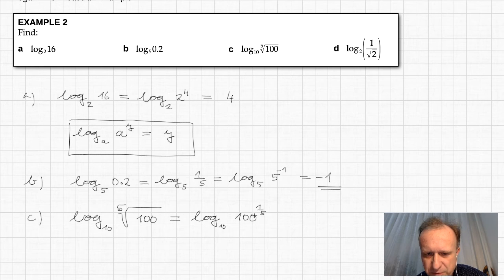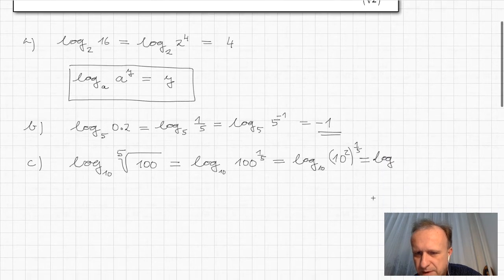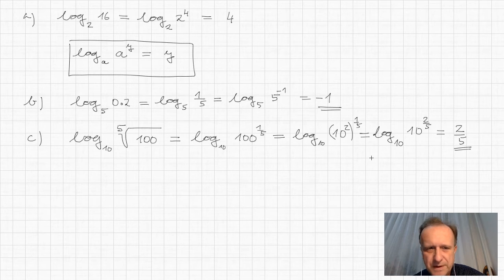Now 100 is 10 to the power of 2, so it can be expressed further as logarithm in base 10 of 10 to the power of 2 all raised to 1/5. And now using the exponential laws, you can rewrite it as the logarithm in base 10 of 10 to, and you have to multiply 2 times 1/5, so it's 10 to the 2/5, like this. Now the answer is obvious. The result has to be 2 over 5. So this should be the answer that solves this problem.